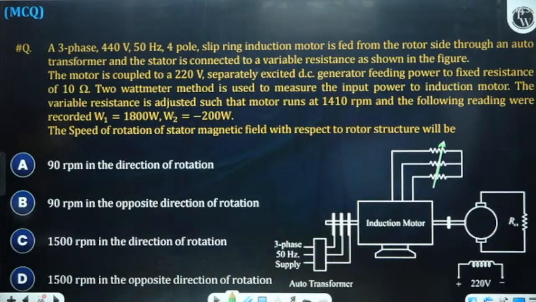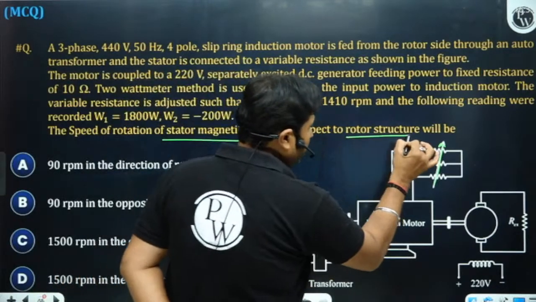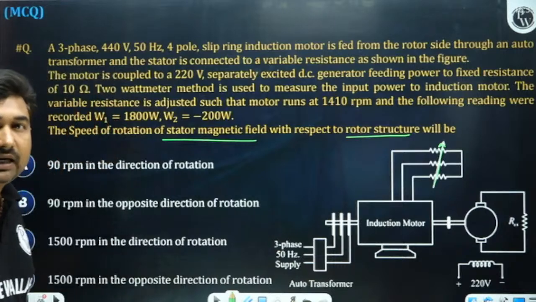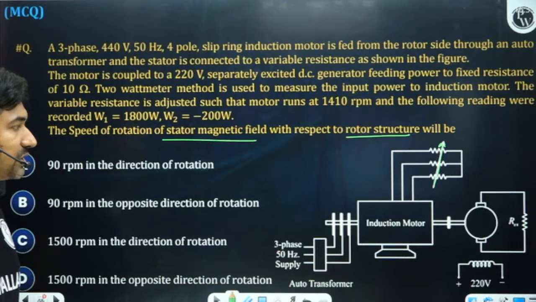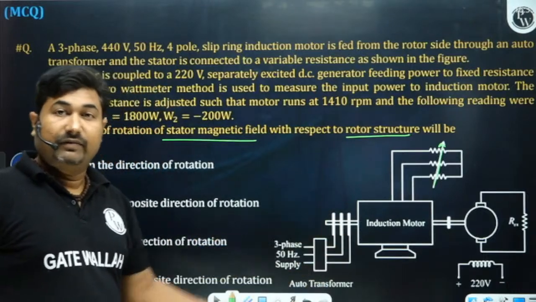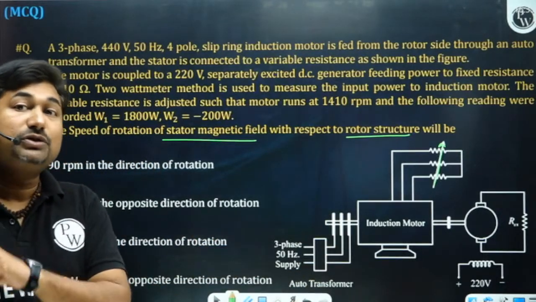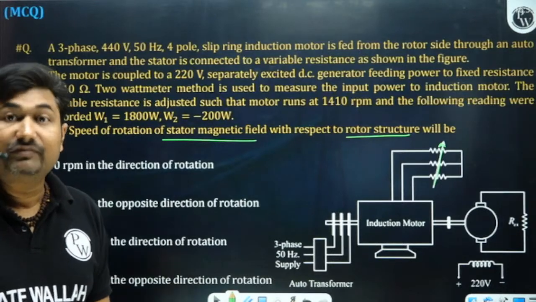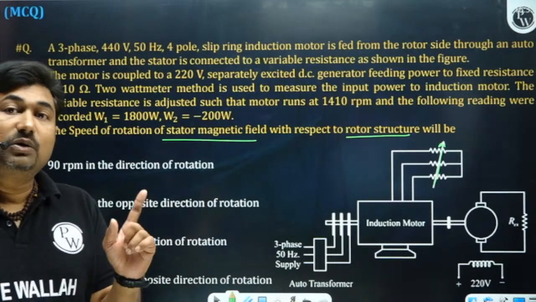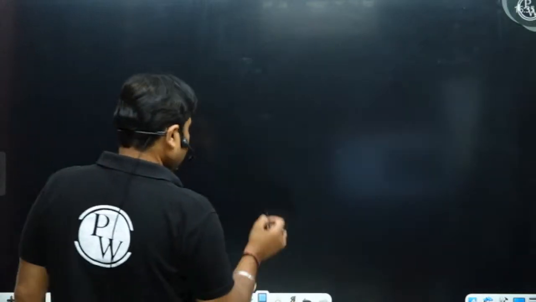The speed of rotation of the stator magnetic field with respect to the rotor structure will be? Supply is given to the rotor. Whenever supply is given to the rotor, the rotor will start moving opposite to the direction of the rotating magnetic field.